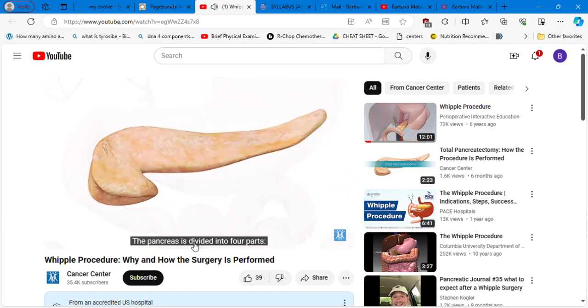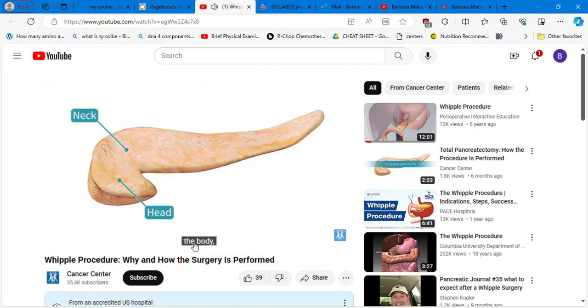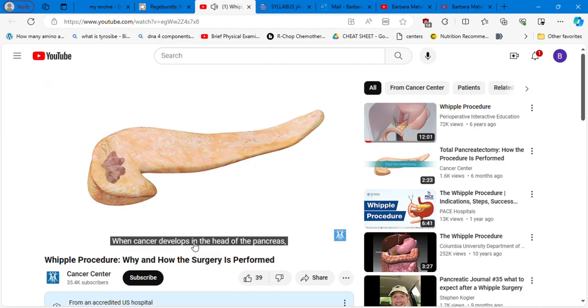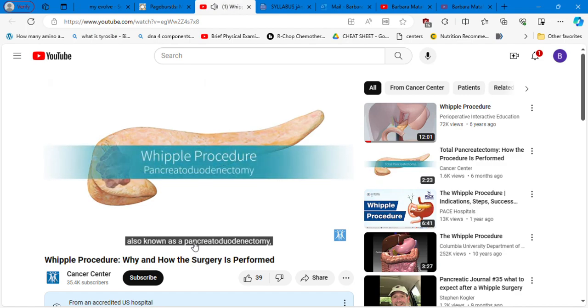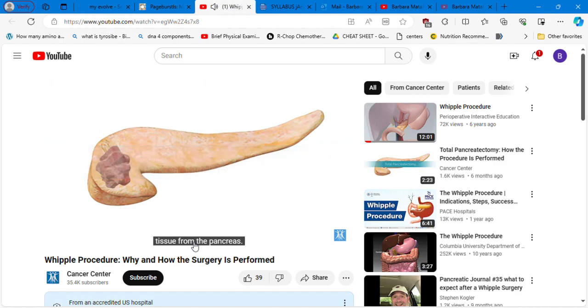The pancreas is divided into 4 parts: the head, the neck, the body, and the tail. When cancer develops in the head of the pancreas, surgeons often utilize the Whipple procedure, also known as a pancreatoduodenectomy, to remove the cancerous and precancerous tissue from the pancreas.